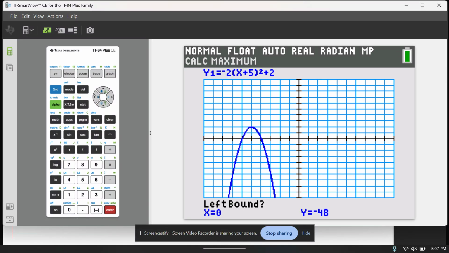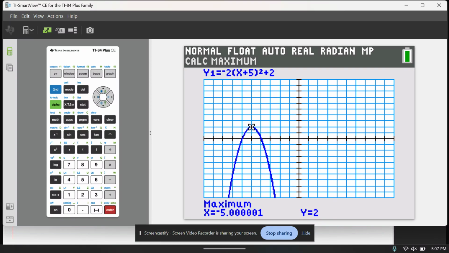Now the left bound, I'm going to have to move a pretty good ways here because it was way over there at 0. So here I'm going to move till I get to the left of the top of the peak there. Hit enter. The right bound, I'm going to move over to the right of the peak. Hit enter. I'm just going to move back somewhere close to the middle. Hit enter. And there is my -5, +2.